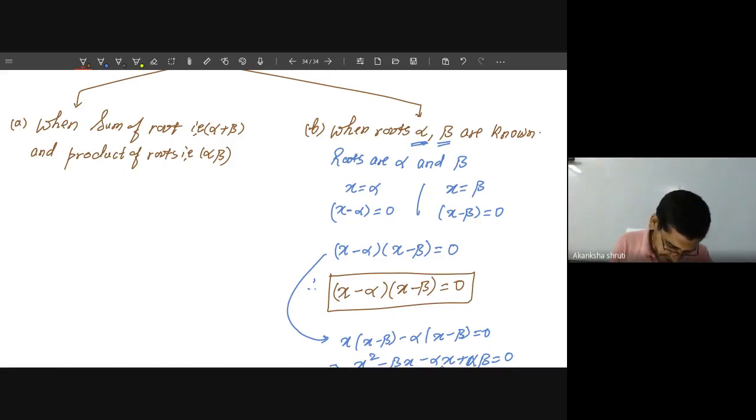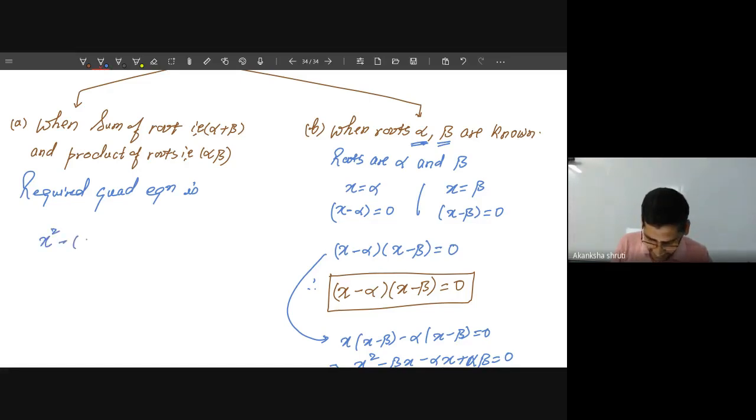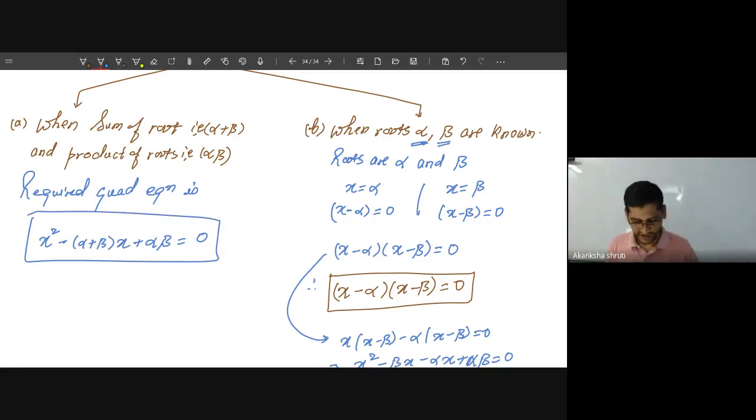So therefore, in this case, what is our required quadratic polynomial, rather than polynomial, we have to use quadratic equation? That is x square we have to take, minus sign, alpha plus beta we have to take x, plus alpha beta we have to take as equal to 0. This is what the equation is.